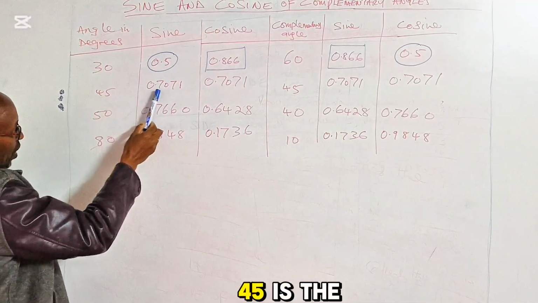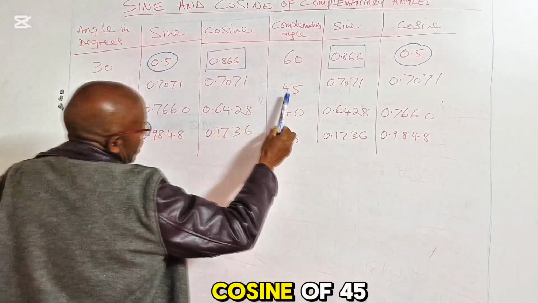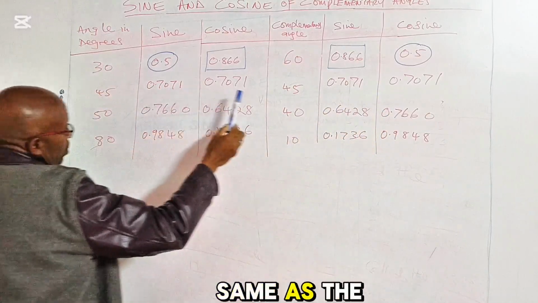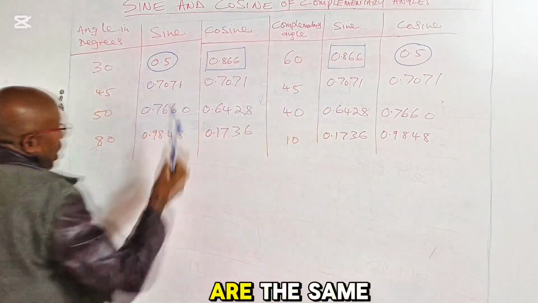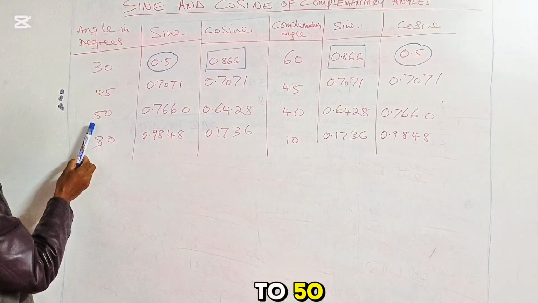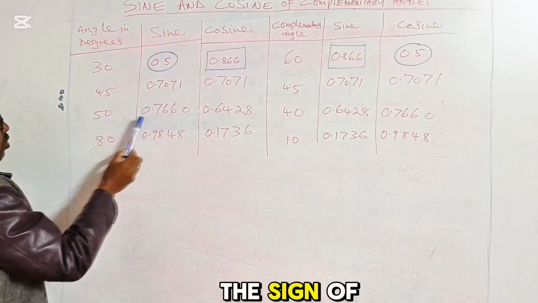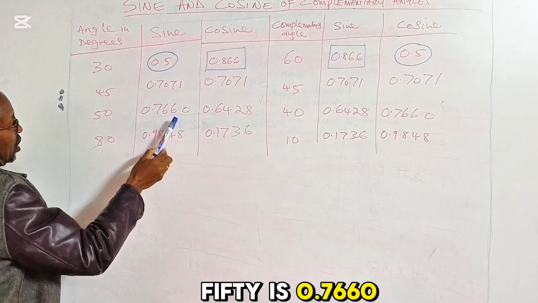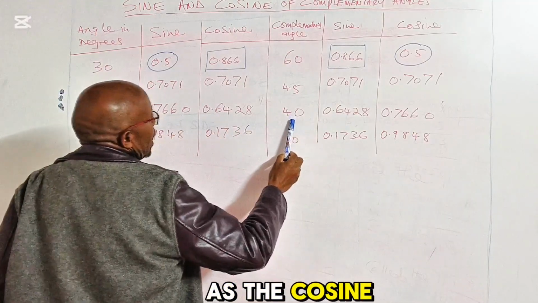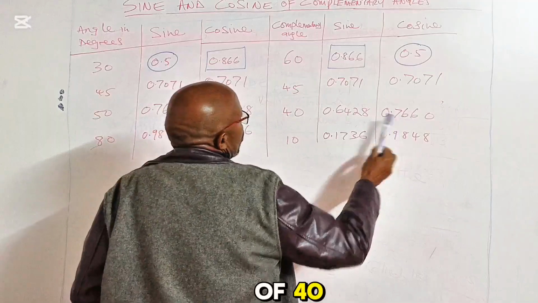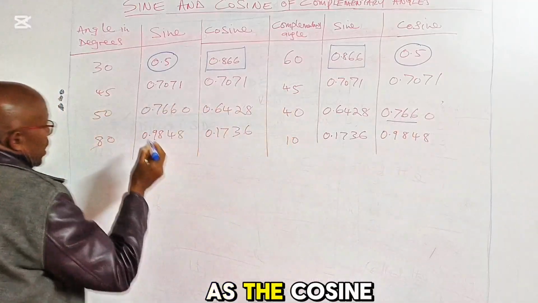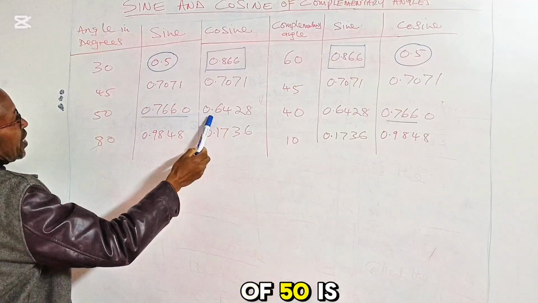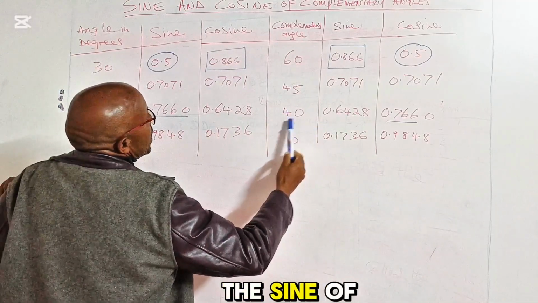The sine of 45 is the same as the cosine of 45, because the angles are the same. When you go to 50, you find that the sine of 50, which is 0.7660, is the same as the cosine of 40. And the cosine of 50 is the same as the sine of 40.